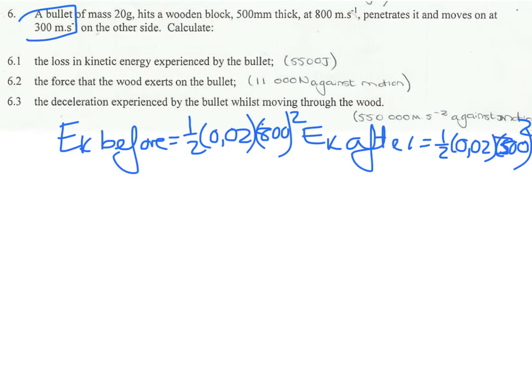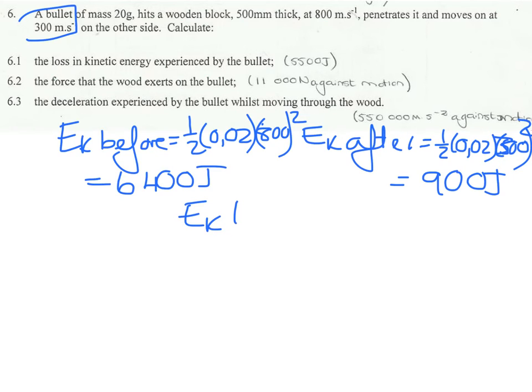And what I find is I get 6,400 joules, and I get 900 joules. And then I'm going to say, so the EK lost in that little trip through a block is equal to 5,500 joules.